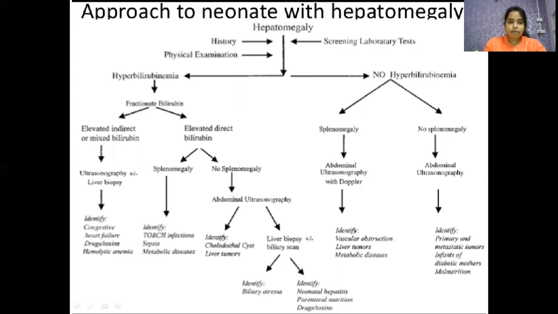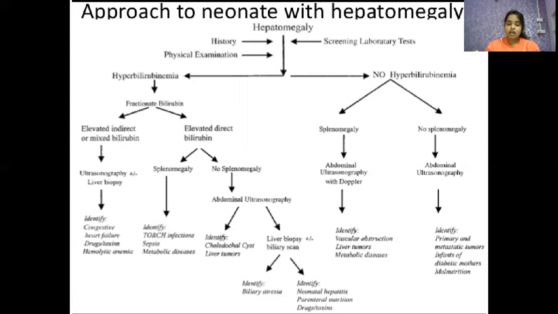Now if hyperbilirubinemia is found, fractionate bilirubin and check if indirect or direct is elevated. If indirect is elevated, ultrasonography or liver biopsy may be done to identify congestive heart failure, drug toxicity and hemolytic anemia. If direct is elevated, check for splenomegaly. If not found, then abdominal ultrasonography is done.